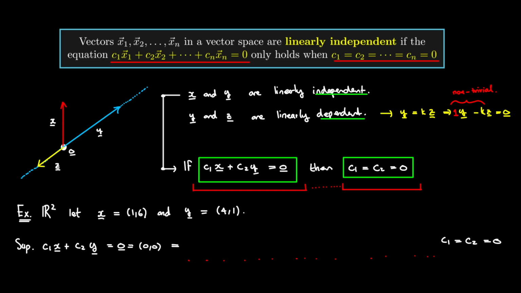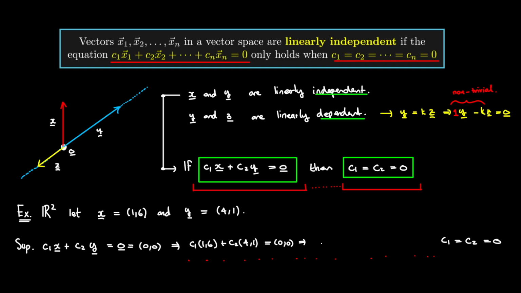So what we do from here is replace x and y by what they actually are. Here we're going to have C1 times (1, 6) plus C2 times (4, 1), and we know that that's equal to 0. The way scalar multiplication works in R2 is that the constant comes inside.